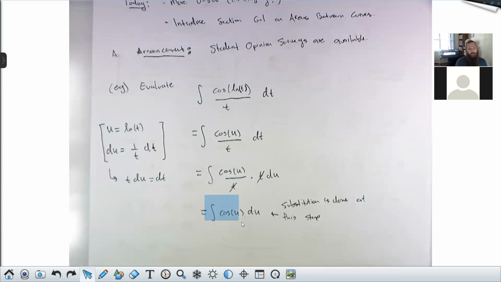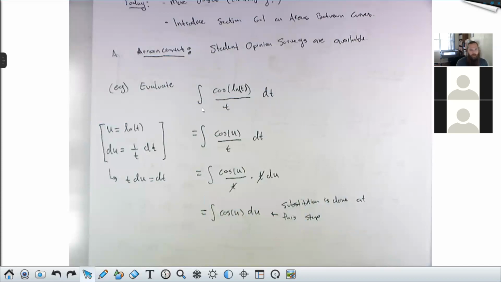So what do I do at this step now? I've done my substitution. I've transformed the integral from a t and dt integral into a u and du integral. So what should I do now, right at this stage? Find the antiderivative. Yeah, perfect. This is our step where we cook up our antiderivative.